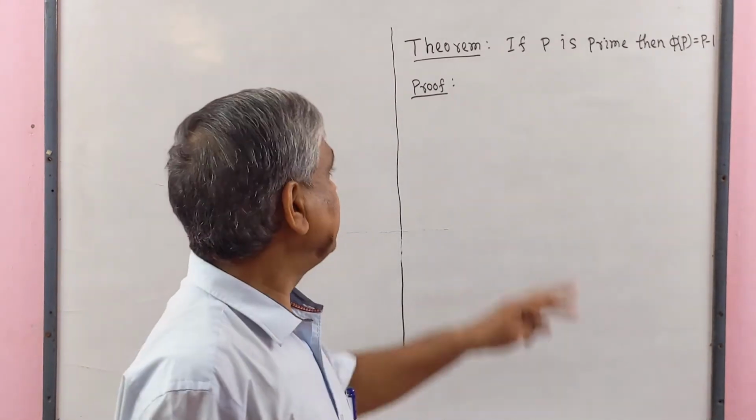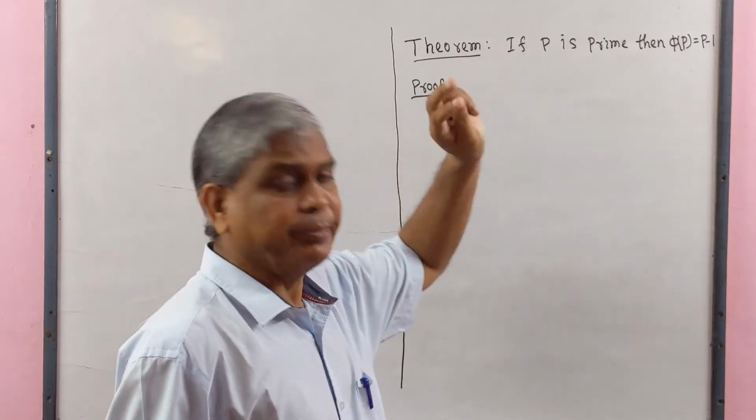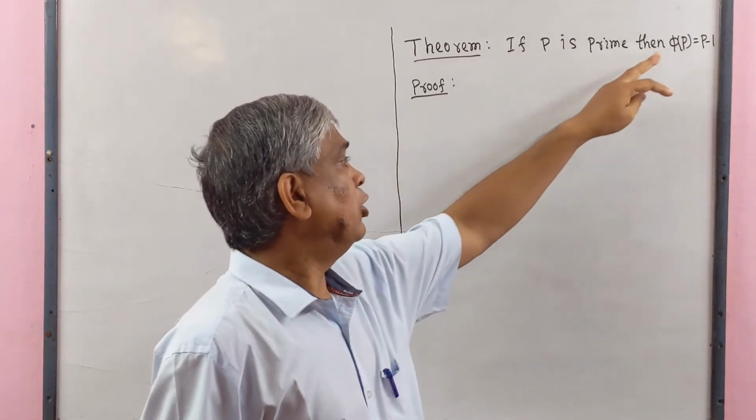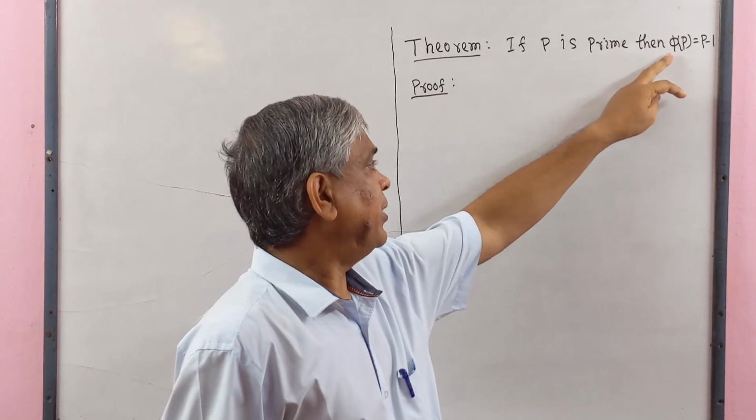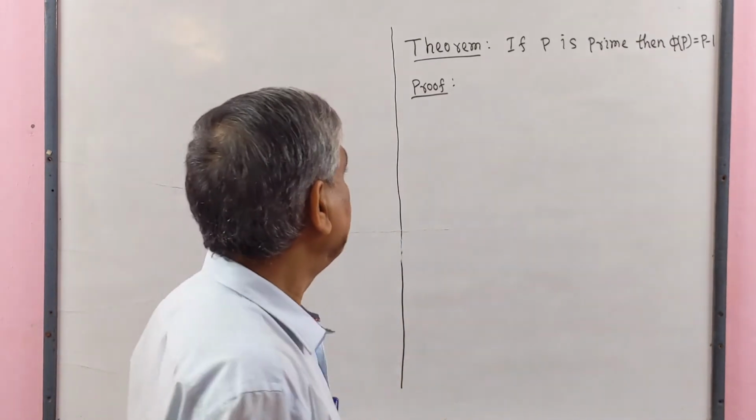Now we prove a theorem. Theorem is if p is prime, then Euler's phi function phi p equal to p minus 1.